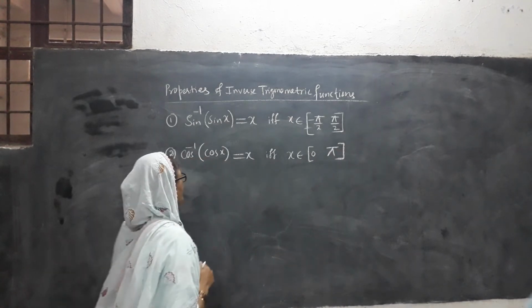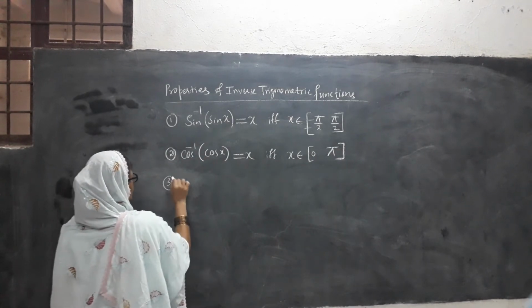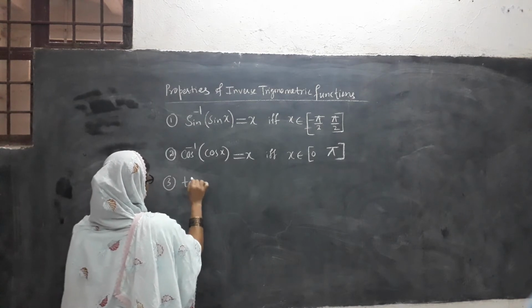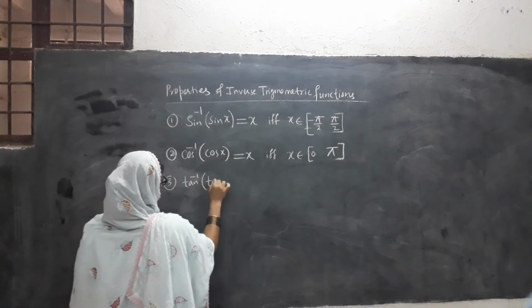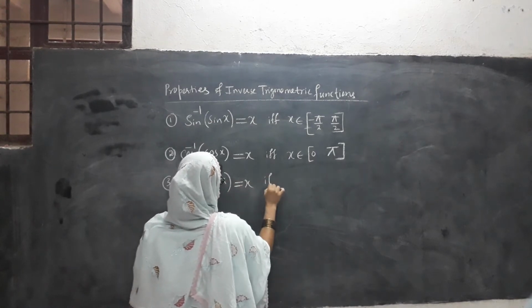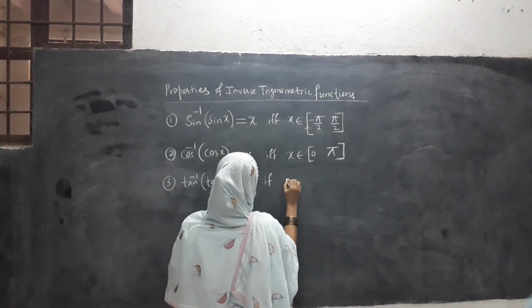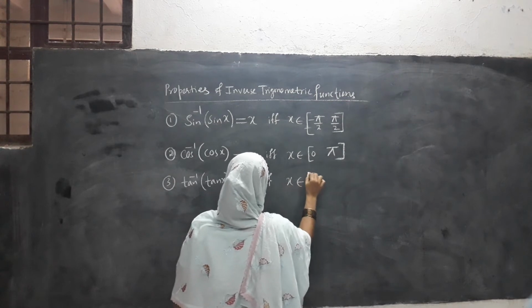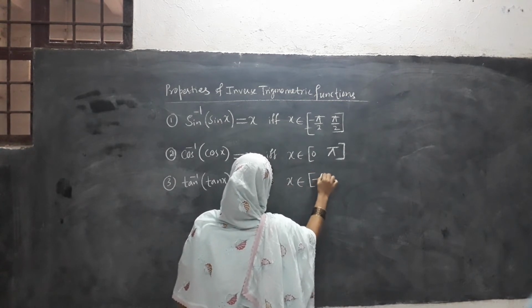Similarly, tan inverse of tan x is directly x if x belongs to the interval minus pi by 2 to plus pi by 2.